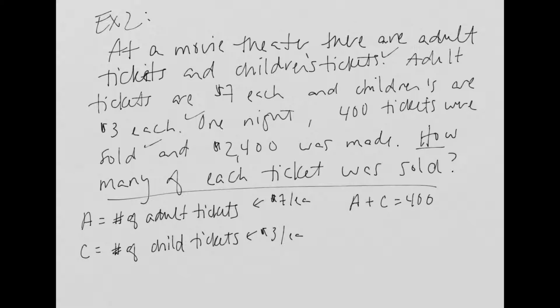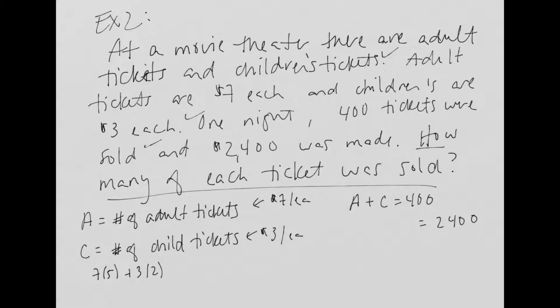Next, $2,400 was made. So we know that something is going to equal $2,400. The question is what? Well, let's just kind of pretend for a second. If I sold 5 adult tickets and 2 children's tickets, how much money would I have made? Well, that would be 7 times 5 plus 3 times 2.